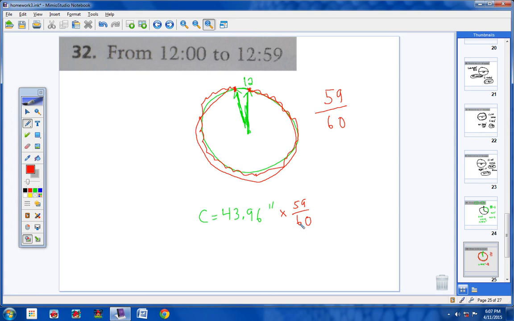You're going to get 43.23, and that is the length of this arc. From here, where my pin is, all the way around the circle to right here. That's 59/60th of the entire circumference. Multiply that times the entire circumference, and you will get 43.23, the correct answer.